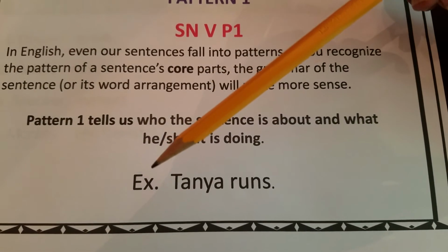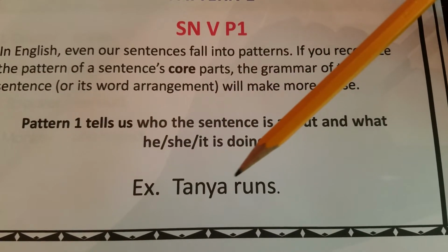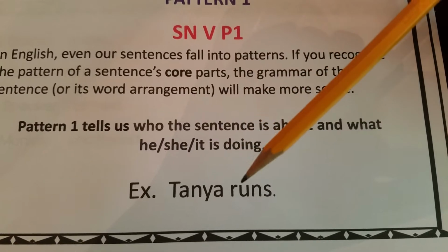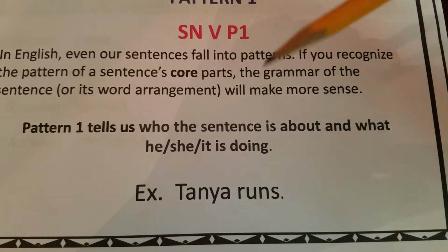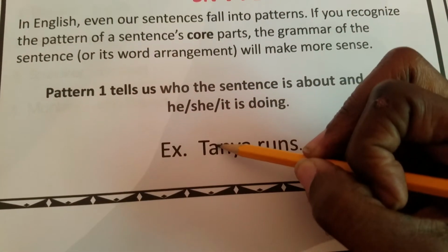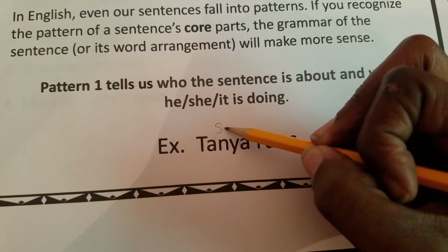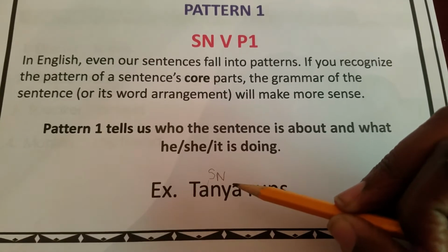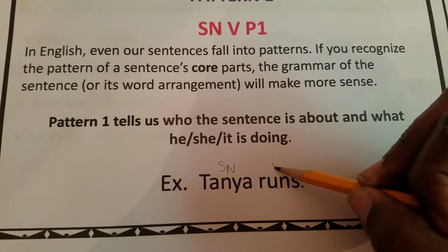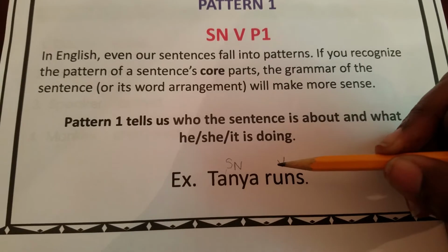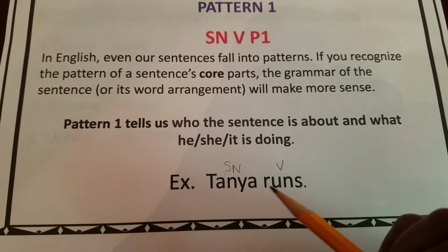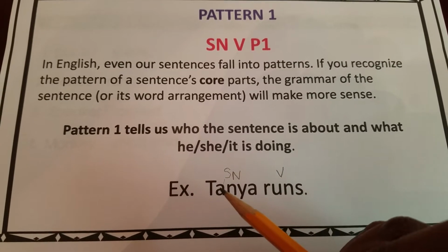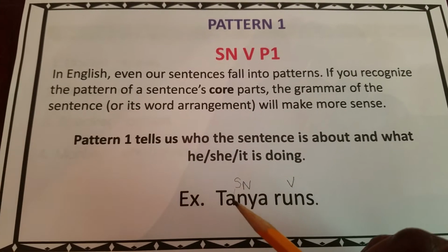So you'll see my sentence here. For example, Tanya runs. Who runs? Tanya. Subject, noun. And so we're just going to write subject, noun up here at the top. What is being said about Tanya? Tanya runs. Verb. Now you heard how I just said that script. That is the script that your student will always say their sentences. They're always going to ask who.